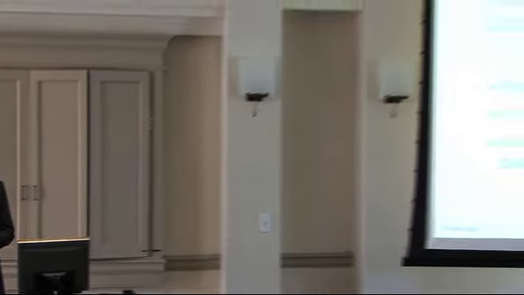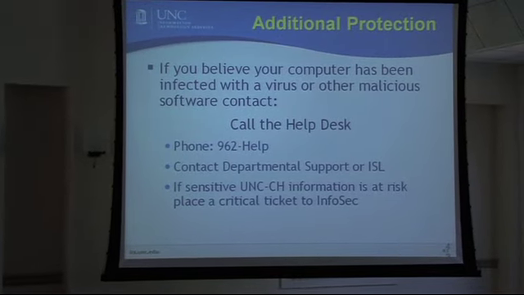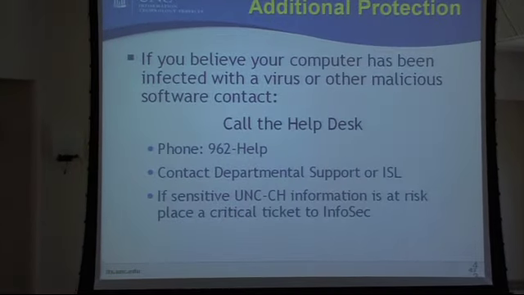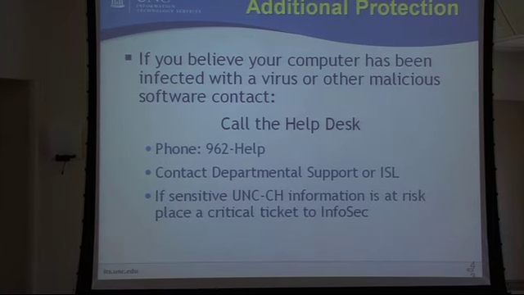I guess the one last thing that I would add in terms of additional protection is for university systems. So I've mostly been talking about things that apply both to home and to work settings. But the last one is probably a plug for the information security program. If you have issues on campus with information security, computer security, call the help desk, 962-HELP, put in a ticket to information security.